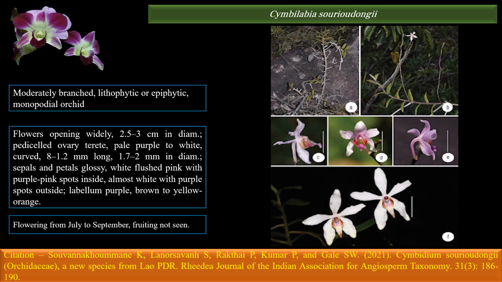The labellum is purple, brown, or yellow to orange. So there is some variation, so you can never get confused with other species. The flowering is from June to September, and the fruiting is still not recorded as per this paper.